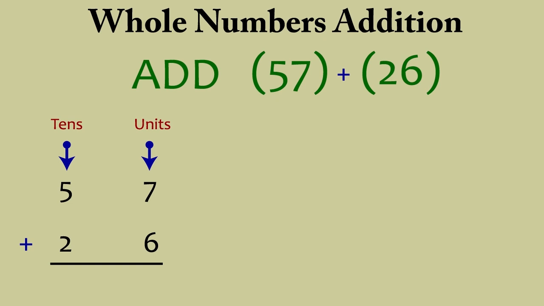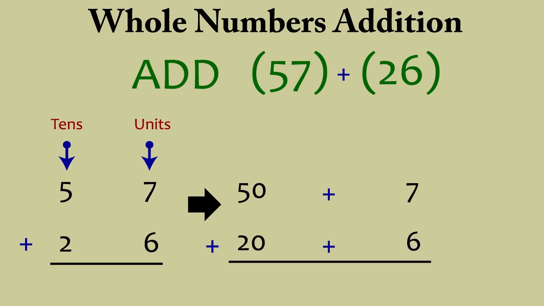Before proceeding, I would like to make it more simple. I can write 57 as 50 plus 7 and 26 can be written as 20 plus 6. Now, these two numbers are multiplied by their place values.